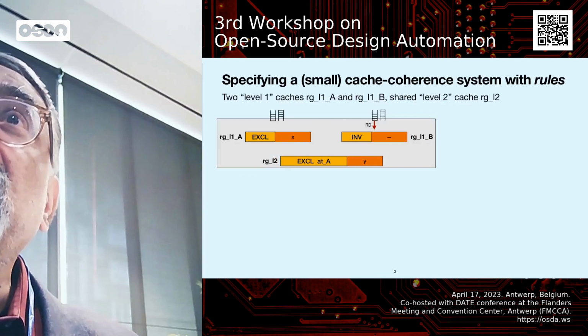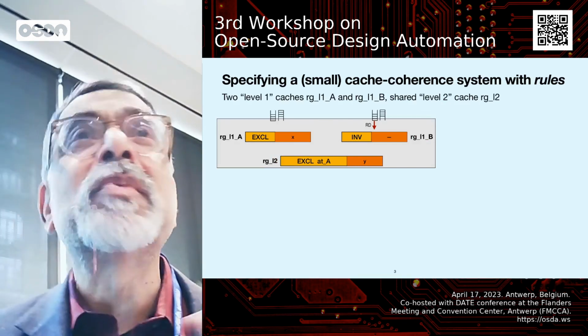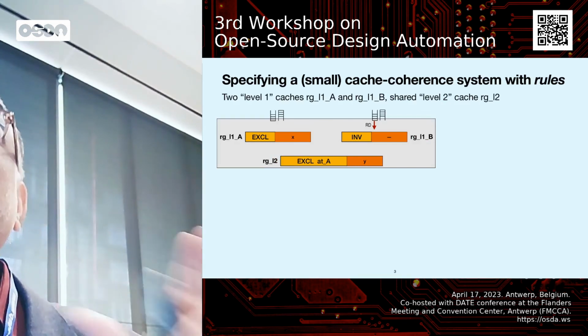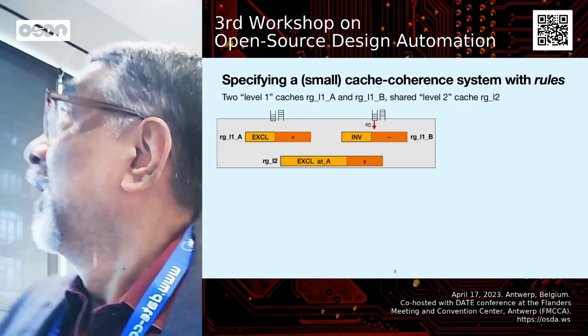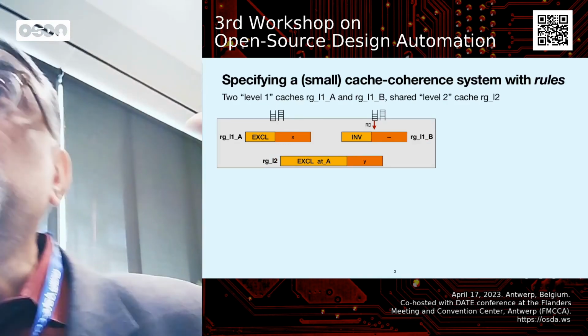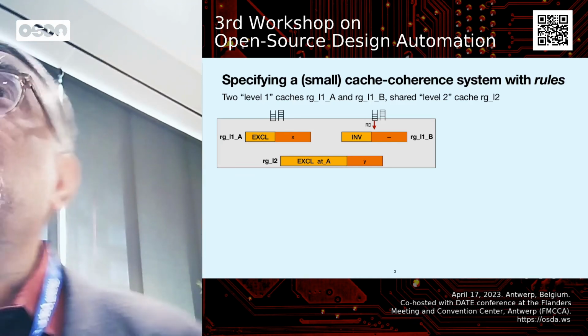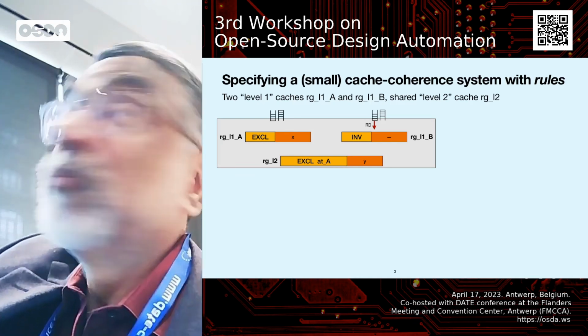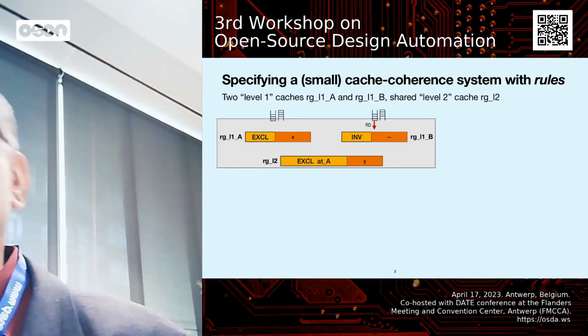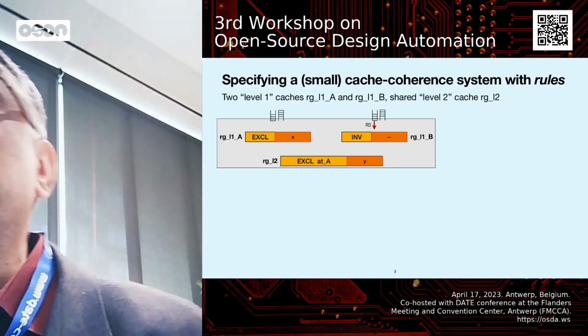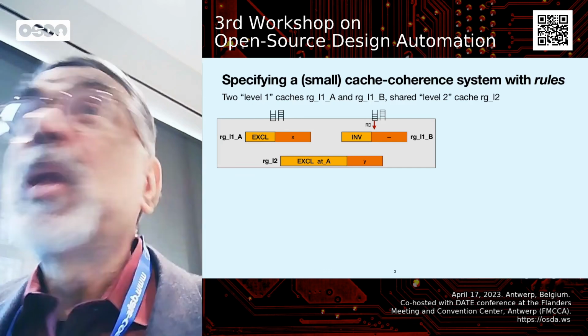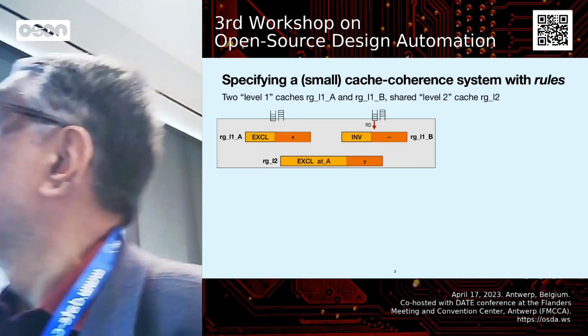I'll start by giving a small example. Just imagine a very small toy coherent cache system. In this example, L2 is your L2 cache. We have two L1 caches, A and B, and we have FIFOs that carry read-write requests from, let's say, two CPUs into the L1 caches, and they may be coming concurrently. All right.